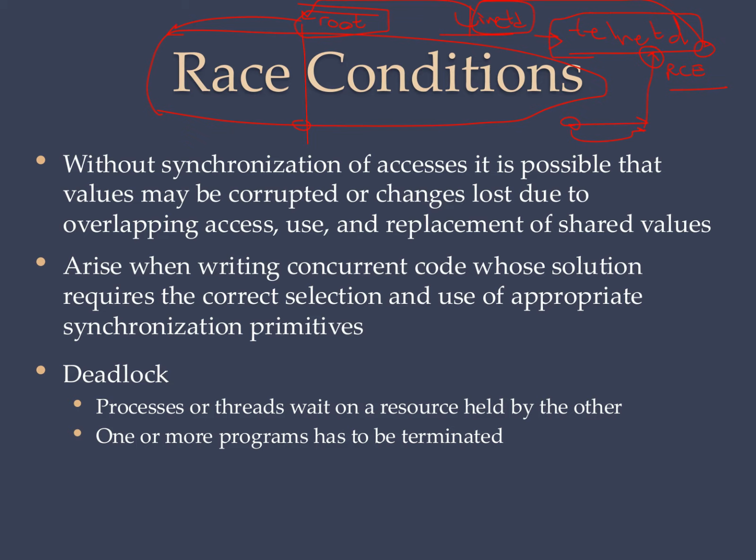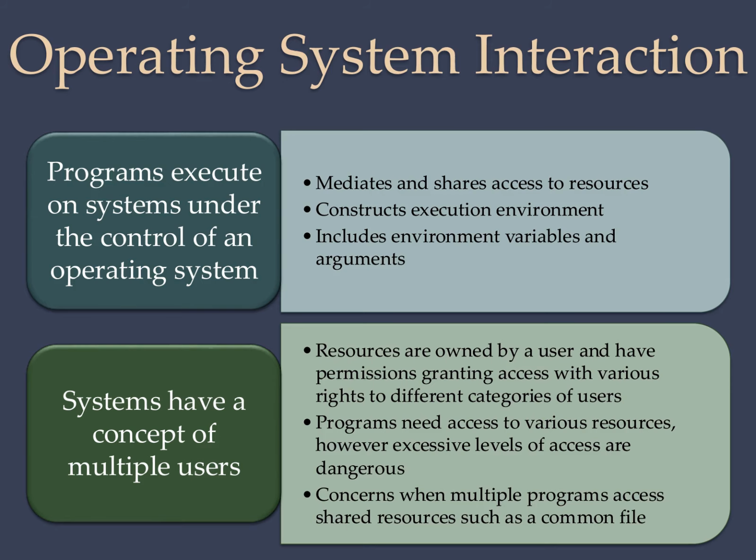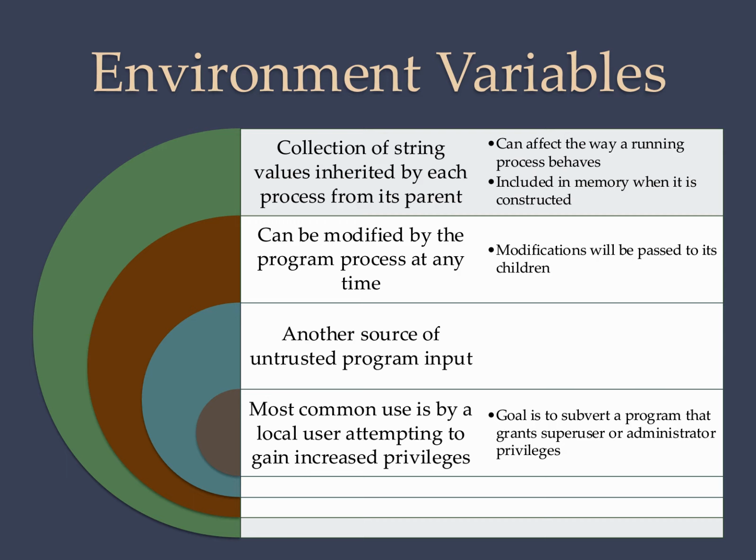Race conditions happen when one of the programs tries to access this data while the other one is updating it, for example. Then it could either lead to deadlock, or it could lead to memory corruption of one of the modules, which may again lead to remote code execution. So these are mostly from the operating system execution.